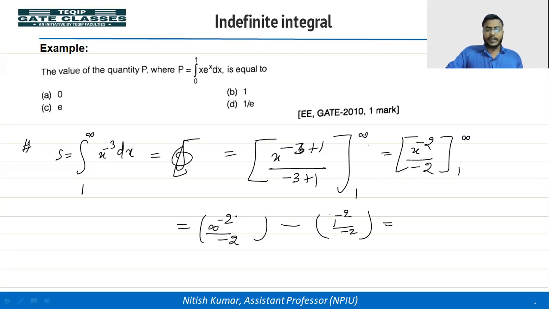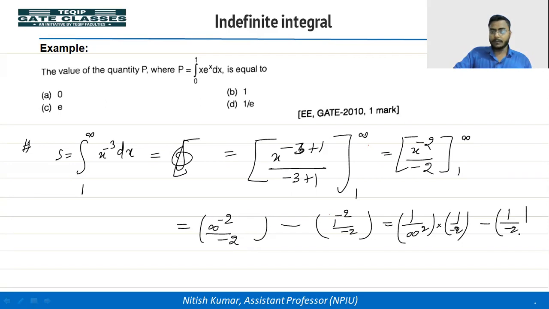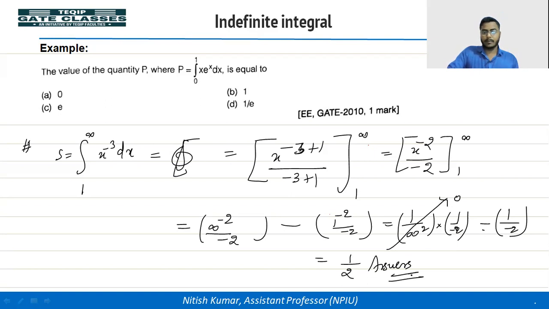See, we can write this as 1 over infinity square, minus 1 divided by minus 2. Right? See, 1 by infinity square would be 0. Right? So see, minus and minus make plus, so we are getting 1 by 2. So the answer would be 1 by 2.